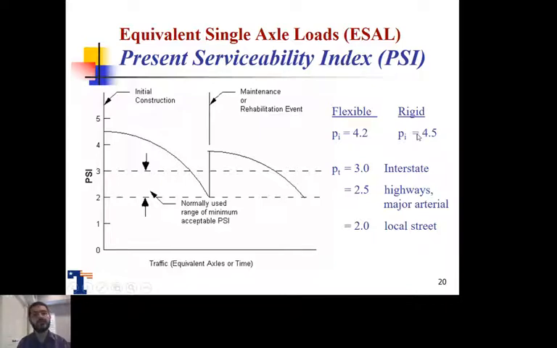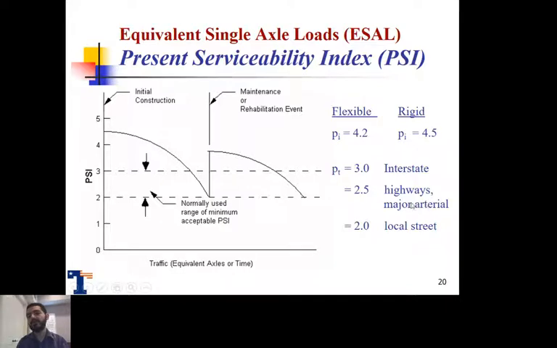The other question is how to define a damaged value, or where the failure point is. The failure point, or what we call the terminal serviceability, PT, depends on the importance of the structure. If we have an interstate highway, we call the structure failing once we reach a terminal PSI equal to 3.